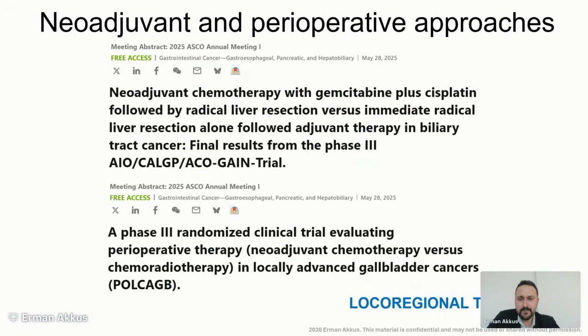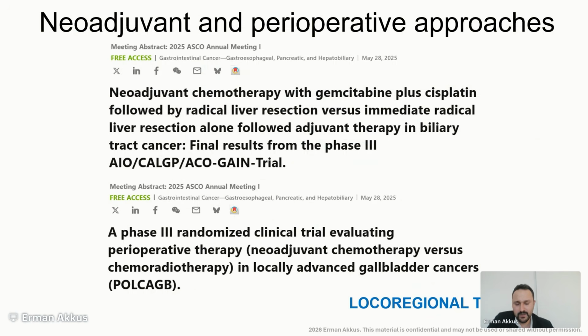But when taken together, all these data, the neoadjuvant and perioperative approaches are becoming more popular in the resectable stage of biliary tract cancers. And recently we have seen some trials showing neoadjuvant chemotherapy and chemoradiotherapy may be feasible and beneficial in this patient group.